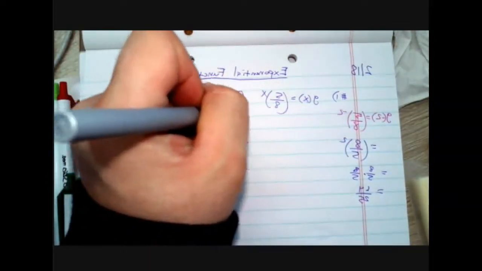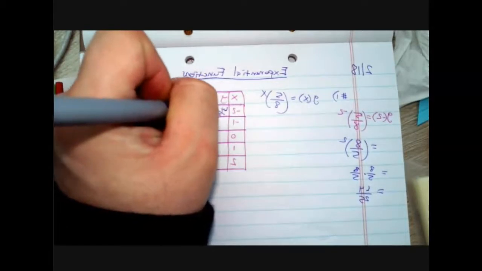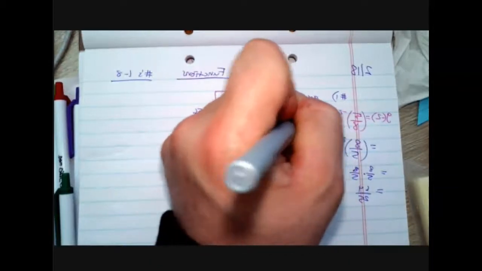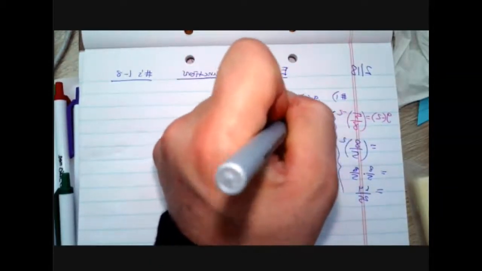64/25 is all good, but I don't really know how to graph that without thinking of it as a decimal. Let's see what 64 divided by 25 is. It's 2.56, so that'll be easier to graph. Now I'm going to plug in -1. G of -1 is 5/8 to the -1st power.